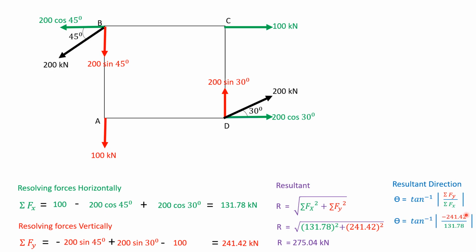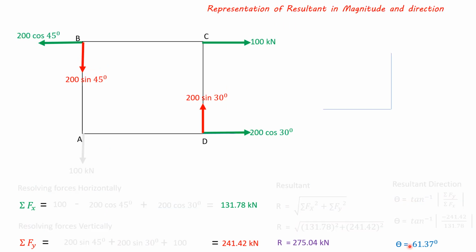Substituting these values, we get the theta value. Presenting the resultant in direction and magnitude, we have summation Fx, summation Fy, R and theta.